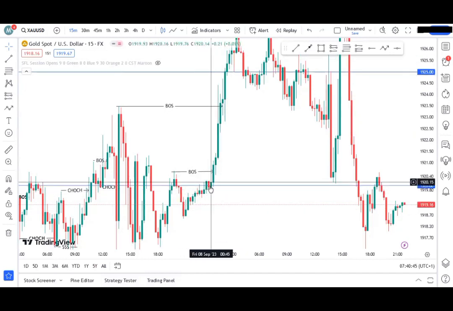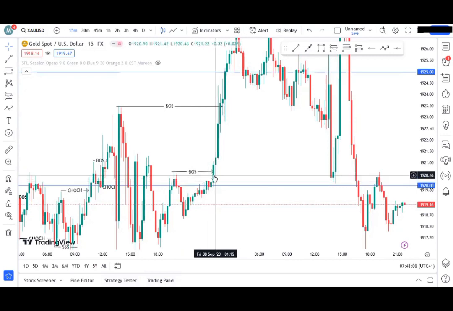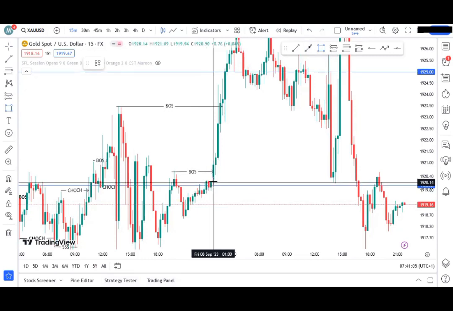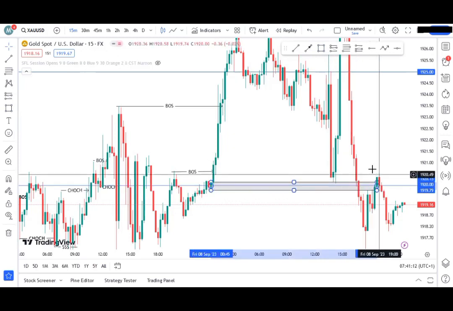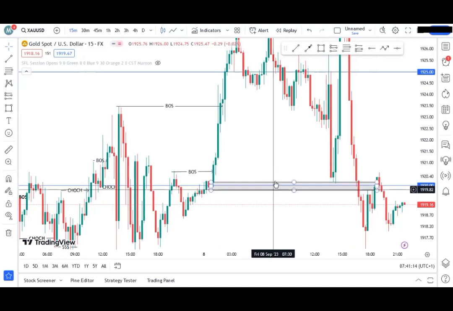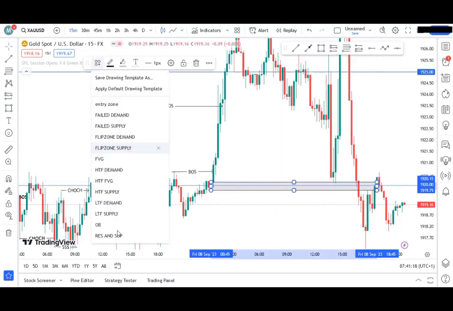If the green candle, which is this, covers like the last red candle, I consider this as an order block here because there's a fair value gap right here from here to this point here. There's a fair value gap there. So it will be like this from here to this down here. That is our order block. That's the order block here.